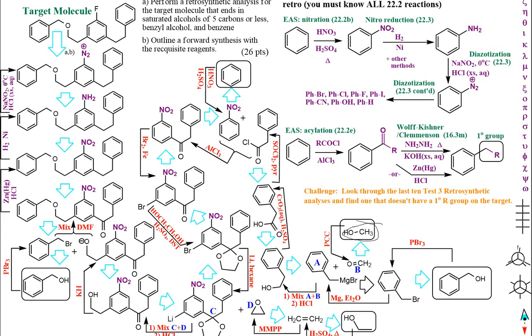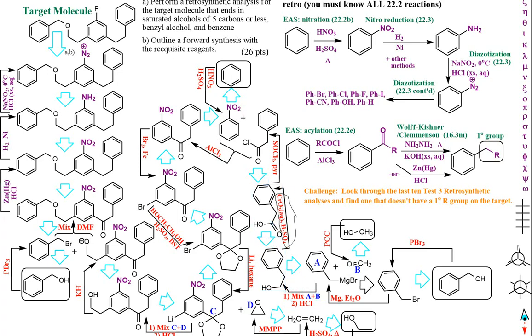Methanol reacted with PCC to give formaldehyde, which when mixed with benzyl magnesium bromide in step 2, sorry, not in the presence of HCl. Step 2, add HCl.